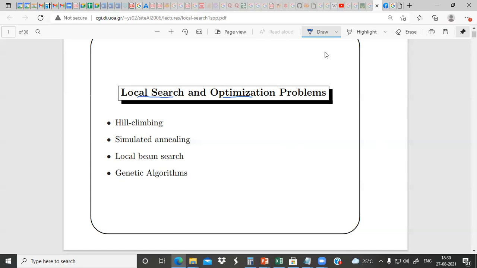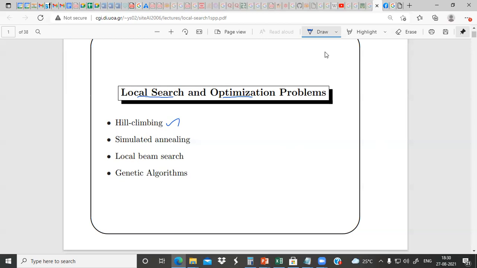This local search and optimization can be achieved using different techniques. All those techniques we'll be discussing. First, we'll discuss an algorithm called hill climbing, and several variants of it. There are 3-4 variants of hill climbing algorithms.